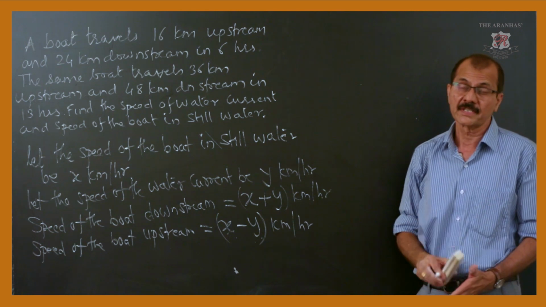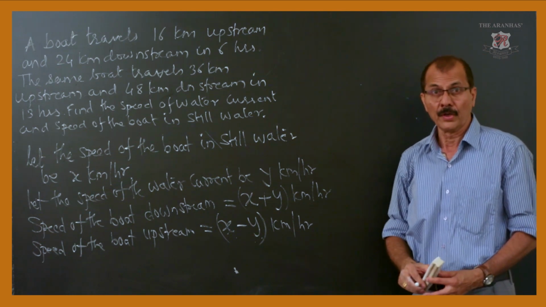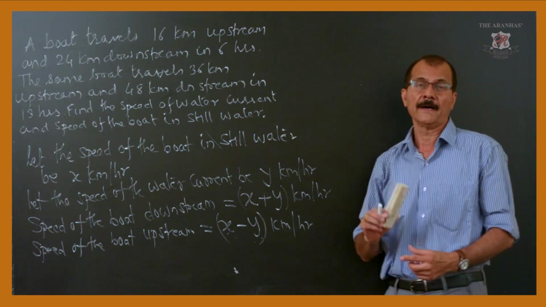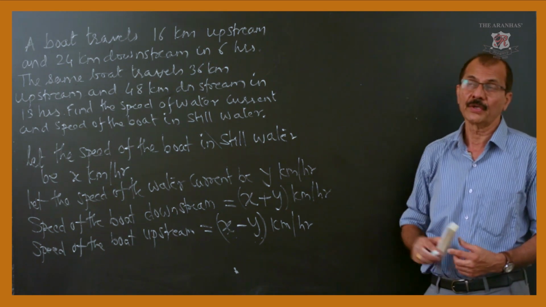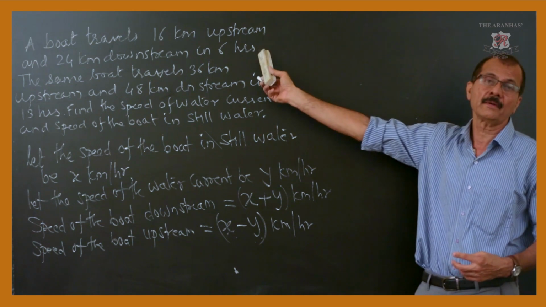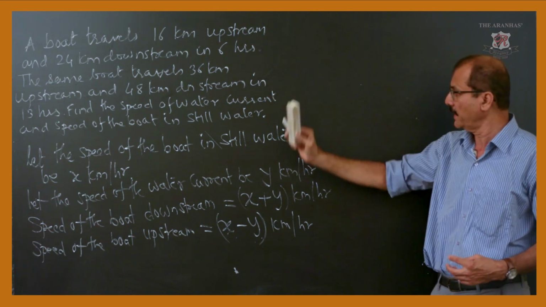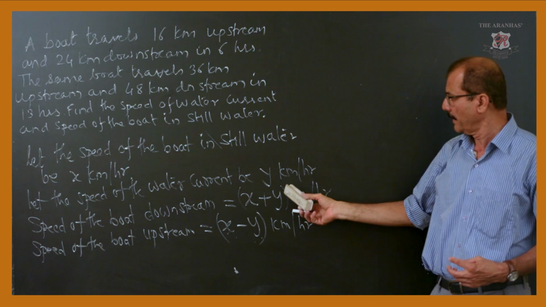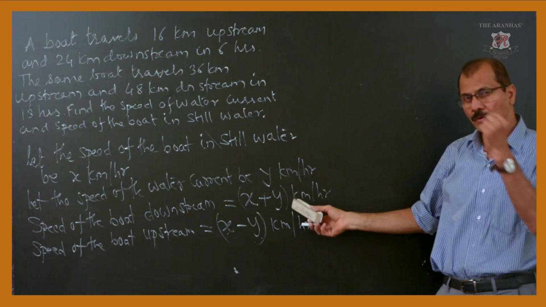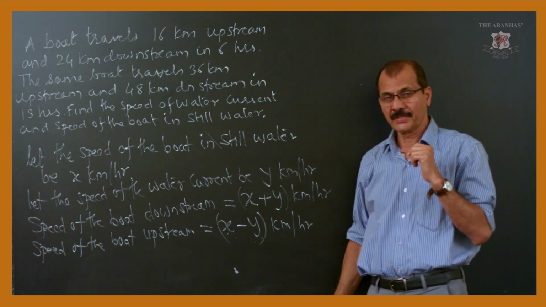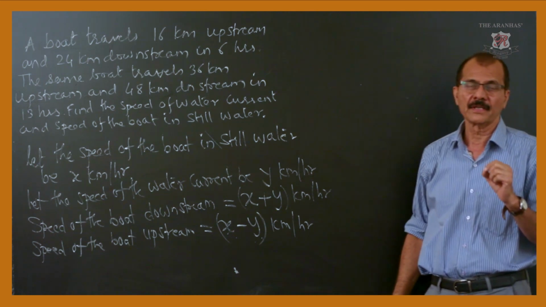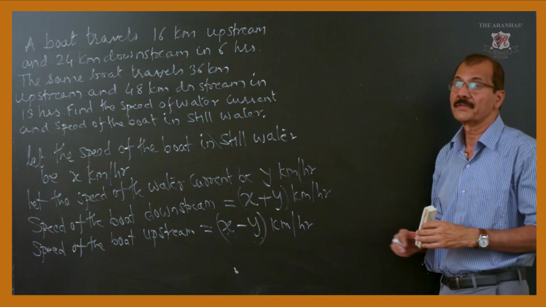You know the distance covered upstream, you know the speed of the boat upstream. So, I can find the time taken to travel that 16 kilometer distance with the speed. So, how to find the time? We have seen in the last lecture that time is equal to distance upon speed.